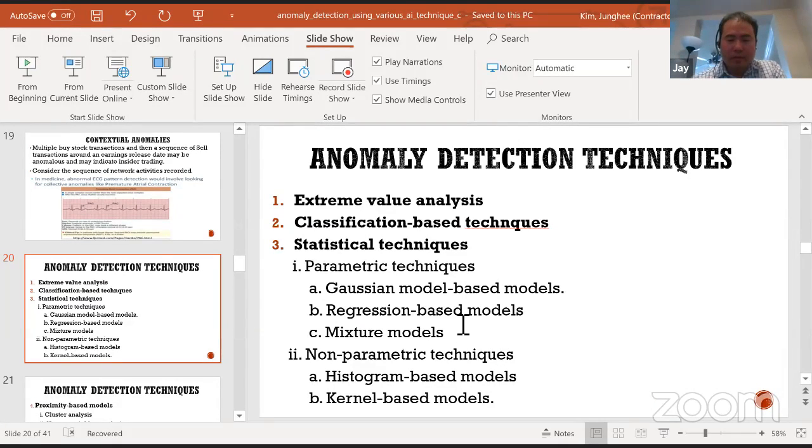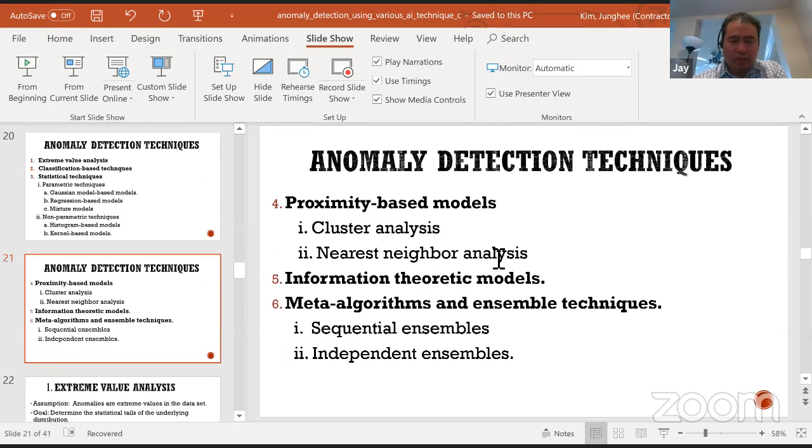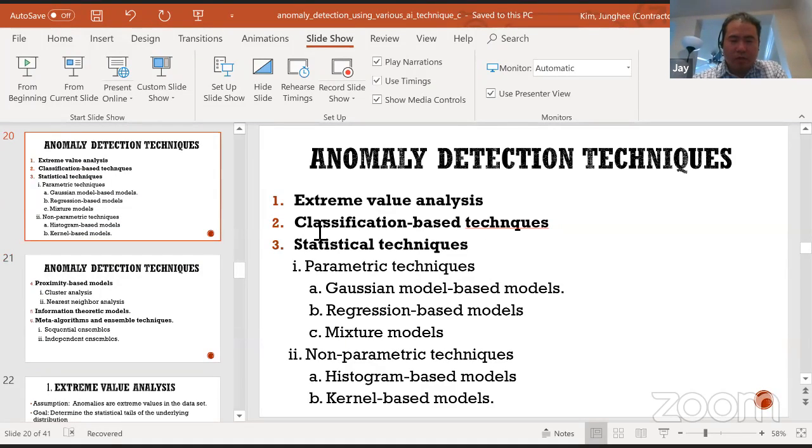So I summarized some anomaly detection techniques, from 1 to 6. Number 1 is extreme value analysis.